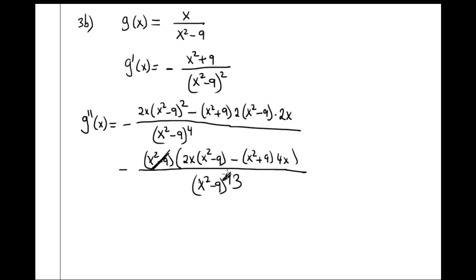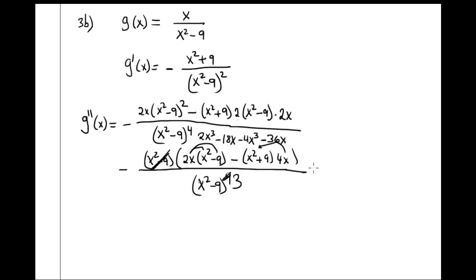Now I distribute here and combine later. This is 2x cubed, this times this is minus 18x. This times this is minus 4x cubed, and this times this is minus 36x.